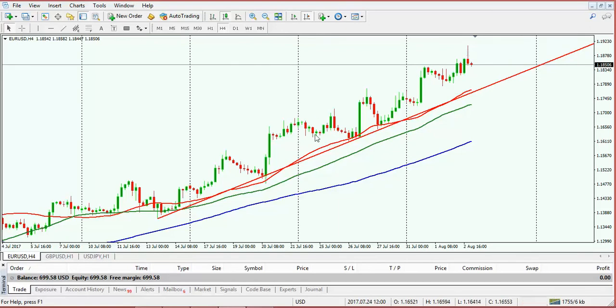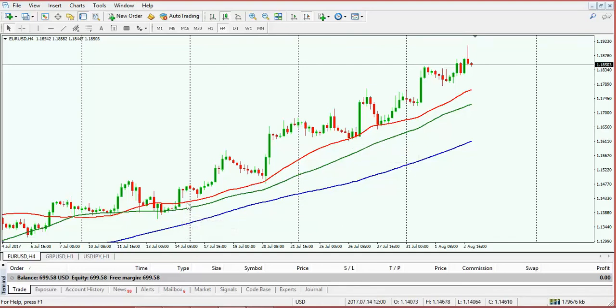So sometimes I add the moving averages to help me to be able to follow the trend and to be able to get into the market along where the trend meets the trend line or the moving averages. In this case I'm talking about moving average, so where the trend meets the moving averages.